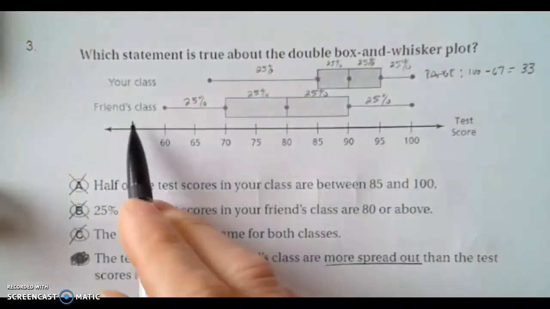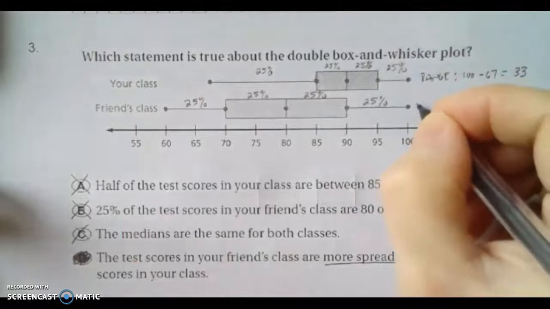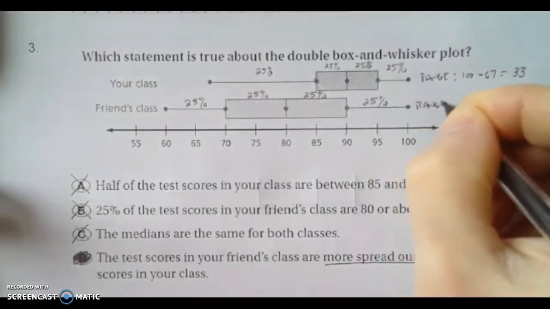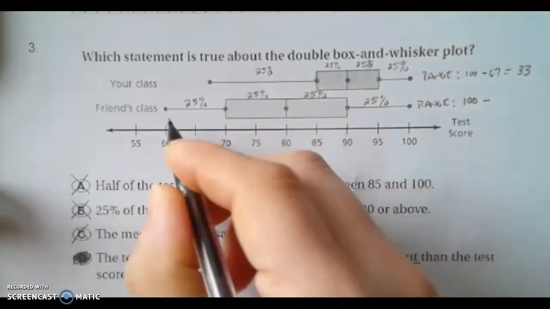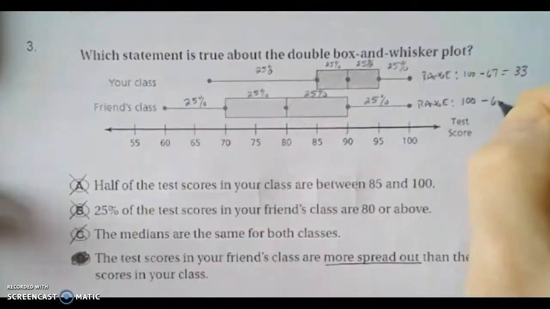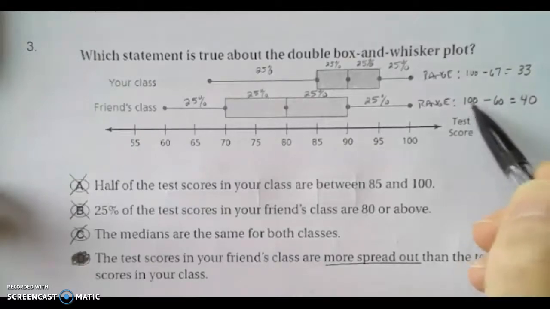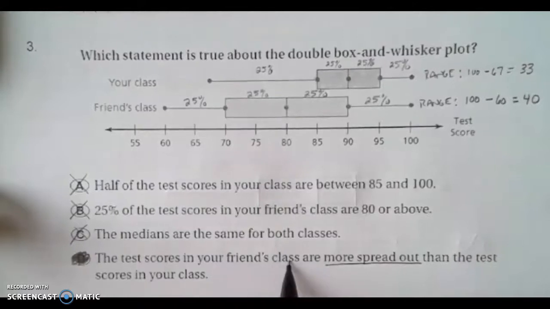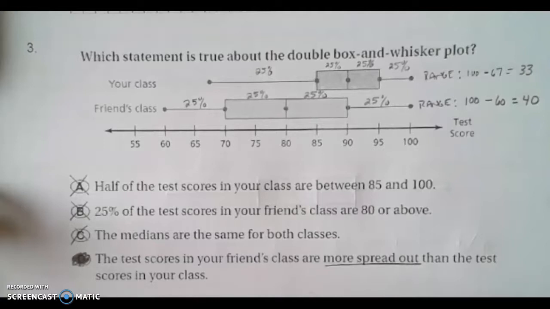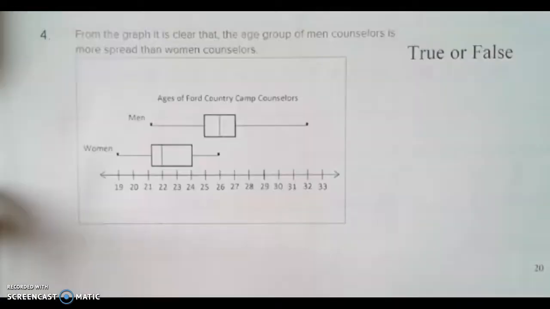If you do the same thing for your friend's class, the high score was a 100 and the low score down here was a 60. 100 minus 60 is 40. So your friend's class has a bigger range than your class, which means the scores are more spread out than in your class. So D is a true statement.